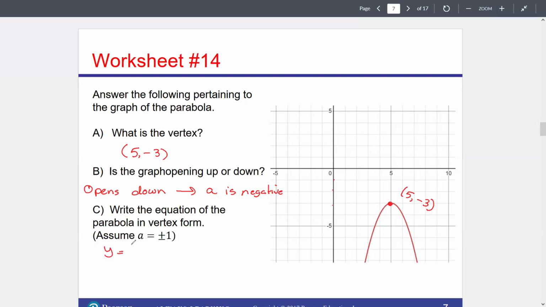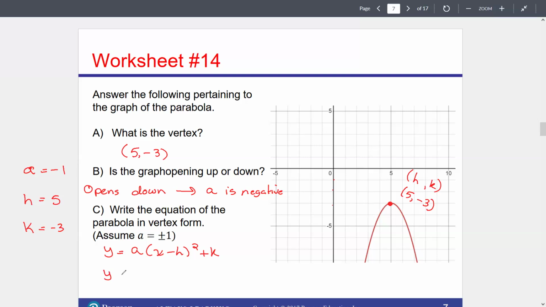So y equals a times (x minus h) squared plus k. So in this case, we'd see that because the parabola is opening down and A has to be +1 or -1, in this case, A is going to be -1. h is going to be 5, because this is always h, k, and k is going to be -3.